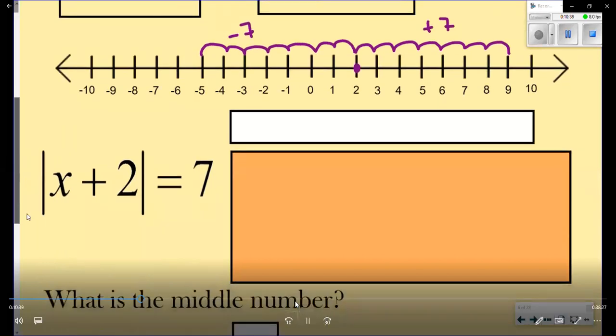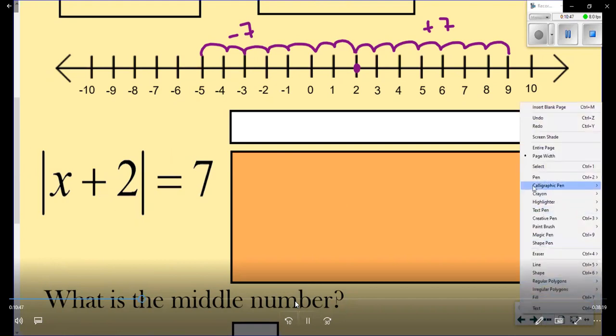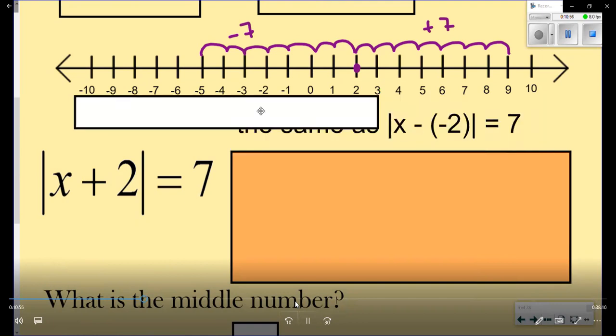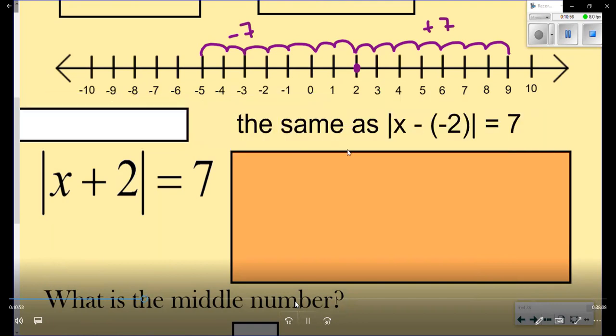Now let's say you have a plus sign. You may think, oh, 2 is the middle number, but be careful. We're going to get to that, but this can be written as |x - (-2)| = 7, the same as x minus negative 2 equals 7.